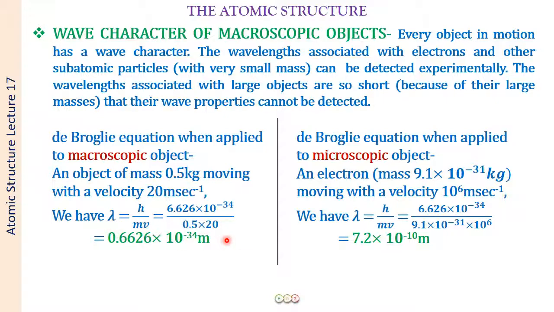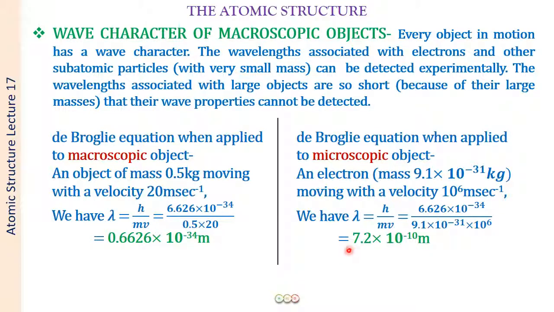And if you see this similarly for a microscopic object, an electron with a mass 9.1 into 10 power minus 31 kg, has a velocity in the order of 10 power 6 meter per second. And the lambda, if you calculate, comes to 7.2 into 10 power minus 10 meter. That means 7.2 Angstrom. And this is what we can detect experimentally.